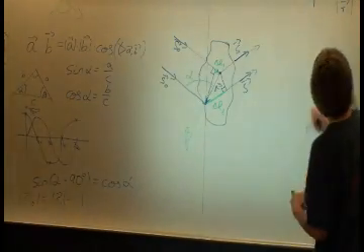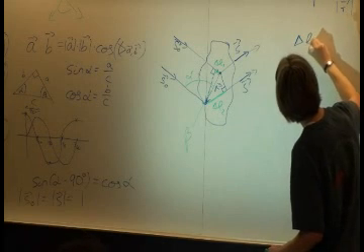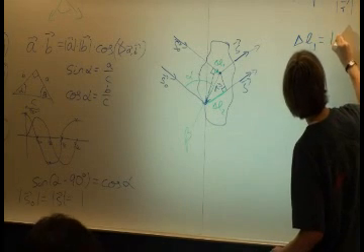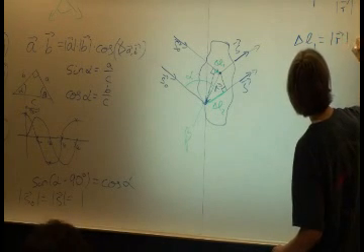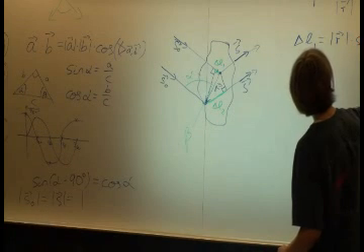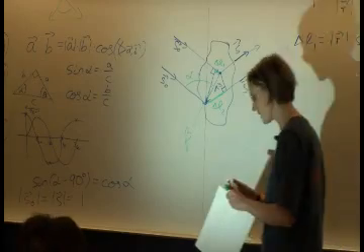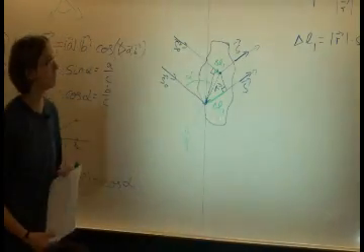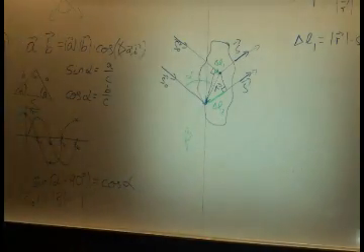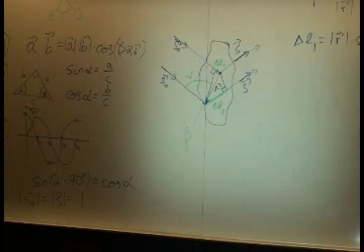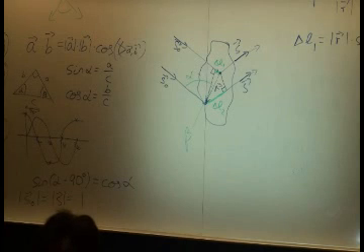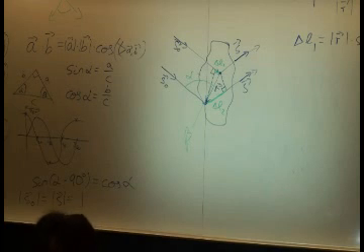So I could write that my delta L1 is equal to R times the sine of alpha minus 90 degrees, because alpha minus 90 is equal to beta. And those who pay careful attention probably have some idea where I'm going with this.